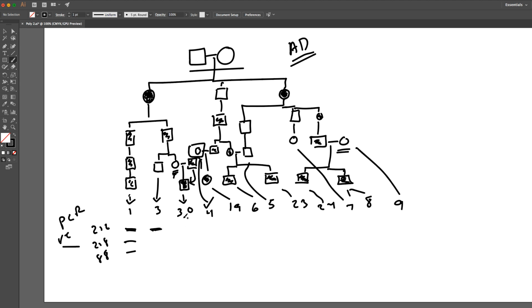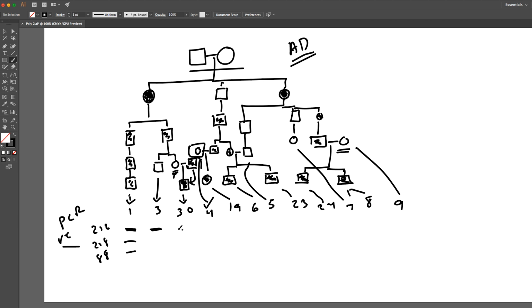Now, 30 is a little weird because, as we said before, 30 is the son of this unafflicted person, and that can't happen in an autosomal dominant disorder. If this male is afflicted, their mother must be afflicted if they got the disease gene from her. But in this particular case, a male came along and they had a son that was afflicted, and that mutation comes from the father.